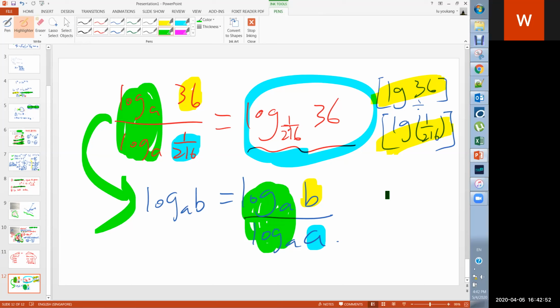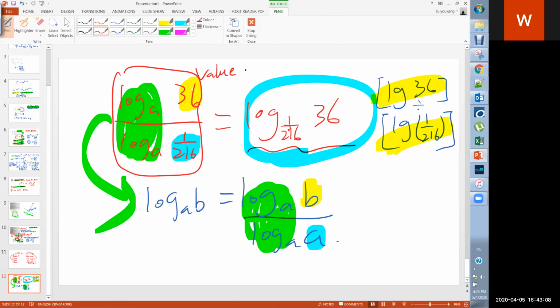Are they asking for A, or what are they asking for? They say evaluate, right? Evaluate means they want the value of this entire thing, which is inside the box.